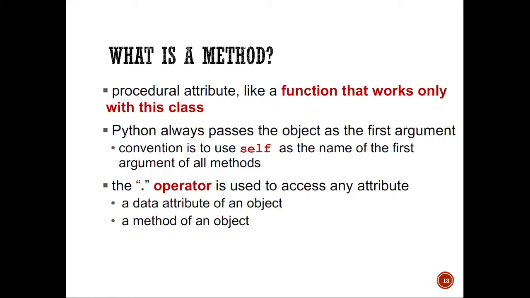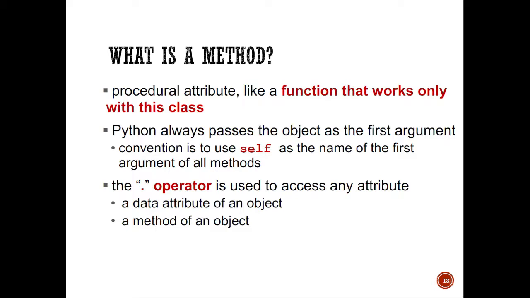In this part, we're going to discuss procedural attributes, or what we call methods, and clarify how we can define our own print method. So what is a method? A method, or what we also call a procedural attribute, is basically a function that only works with this class.